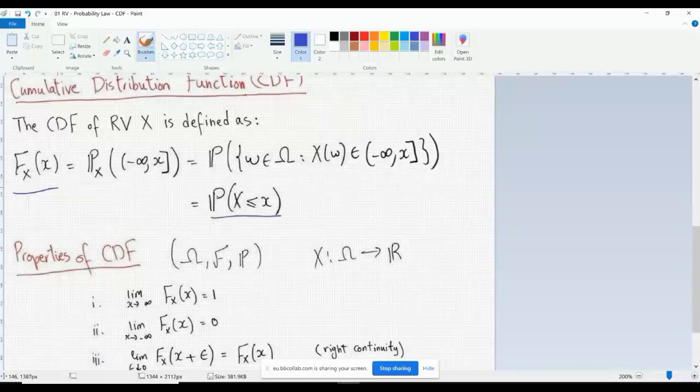In the subscript, you write the name of the random variable, the F measurable function that you define on big omega, that's big X, and between brackets you put small x, and this is basically the probability measure on the Borel set, the infinite interval from minus infinity to some real number, small x. Okay, so if you define this thing for every real x, you know everything about your random variable.